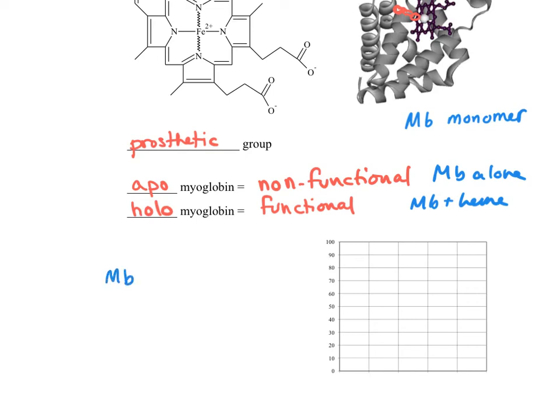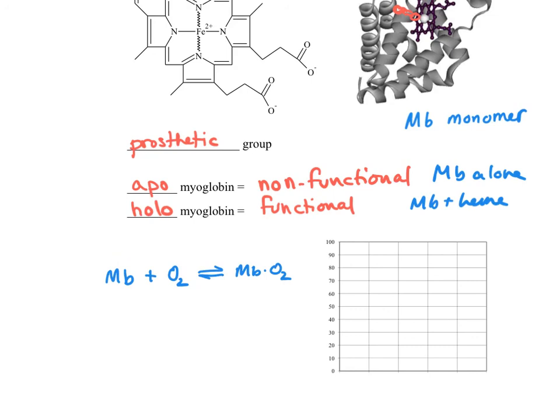When you have holomyoglobin, and it encounters an oxygen, it can undergo a reversible binding reaction like this. We write down myoglobin dot O2, and this is now a complex where the O2 and the myoglobin are together. So this can go in the forward direction with oxygen binding, and it can go in the reverse direction.